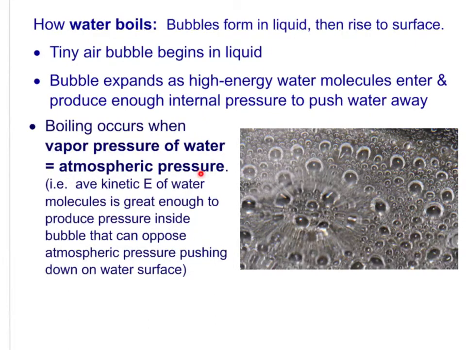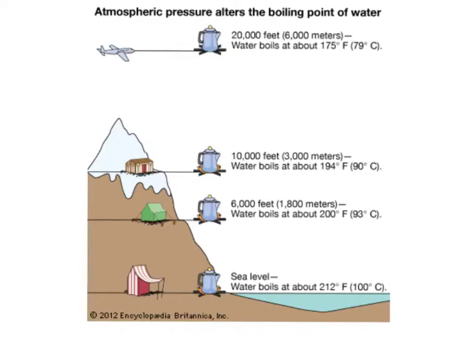So remember, we always have atmospheric pressure pushing down on our water, right? It's pushing on it, and the vapor pressure has to overcome that atmospheric pressure in order to boil. And you probably already all know this. Atmospheric pressure alters the boiling point of water so that when we're at sea level, for example, water will boil at 100 degrees Celsius.